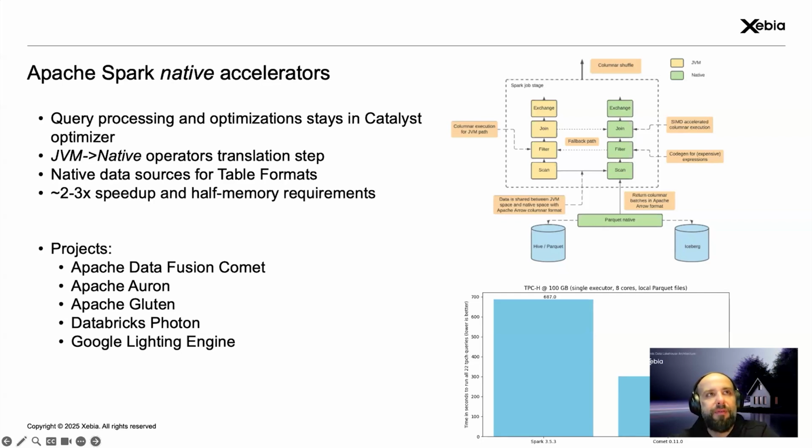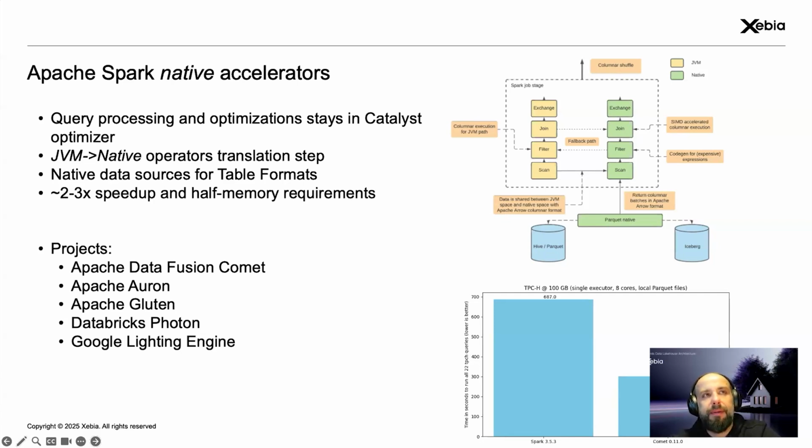And it consists of a few steps, like, for example, file scan, filtering, join, and some data exchange because there's some shuffling. And you can see that at some point of the optimization, once the query is fully optimized at the JVM level, there is a translation step that actually switches the physical execution plan from JVM to native. And so there might be some situations when not all native operators are implemented.